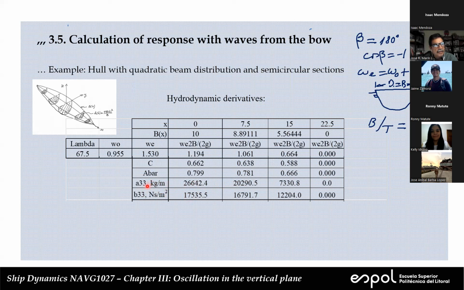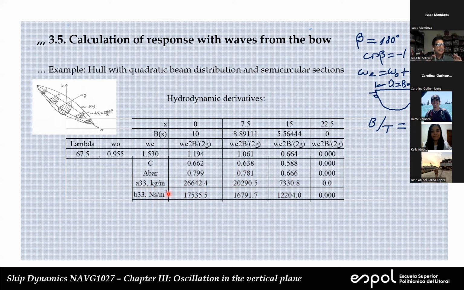Please, this is very important. We have to keep track of these coefficients, each one in its corresponding units. Very important. So every time we do these products, these operations, we should keep track of the units.